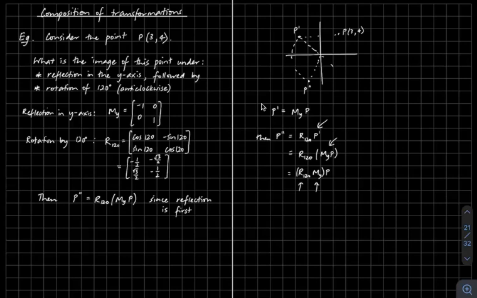And we could also write that as R120 times my times P, and that's since matrix multiplication is associative.